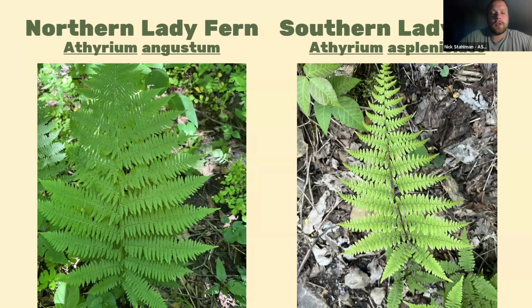For ID between the two, northern has a frond that is wider above the base, kind of near the middle, whereas southern is widest at the base of the frond, which is kind of nice because it lines up with southern. So it's widest to the south; northern, it's wider to the north. So usually northern's widest at the middle, and southern is widest at the base.